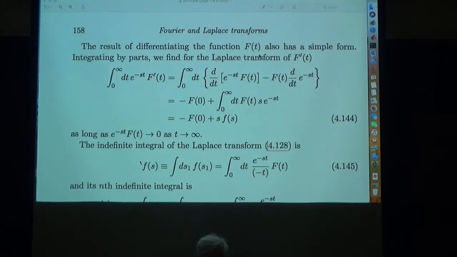Well, you do an integration by parts, and as long as e to the minus st f of t goes to 0 at infinity, which of course because of this convergence factor it usually does, the Laplace transform of the derivative is s times the Laplace transform of the function, capital F of t, minus the function evaluated at 0.